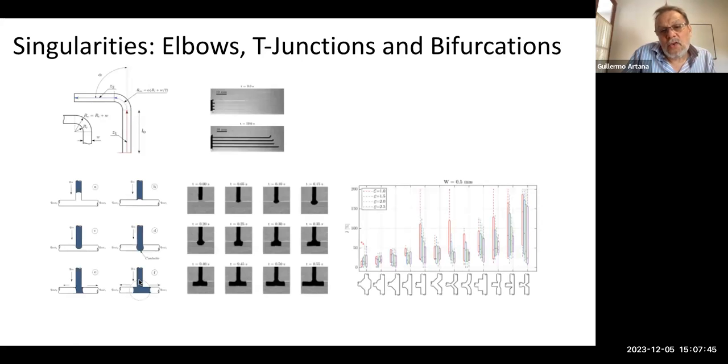We have also developed some strategies to avoid asymmetries, and to take into account the elbows and curves.